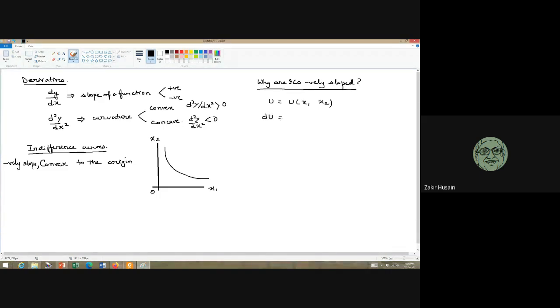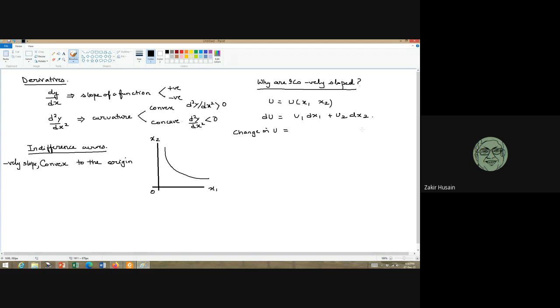Okay, so if you take the total differential, this means the change in utility is equal to this. I'm just writing this part.